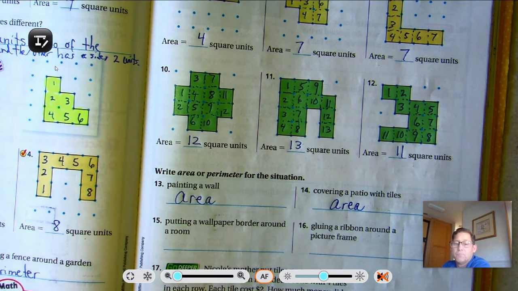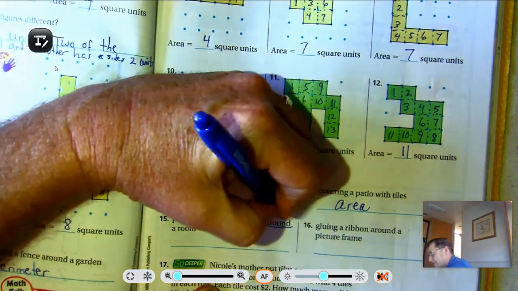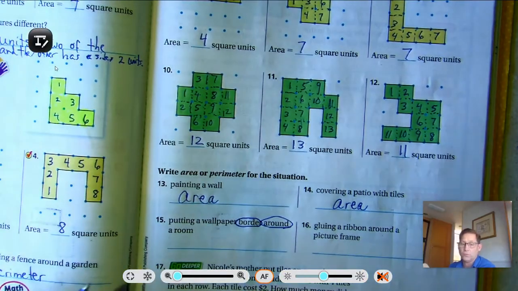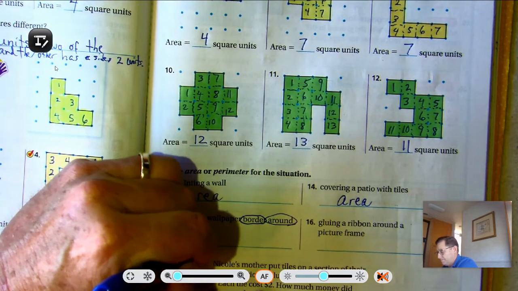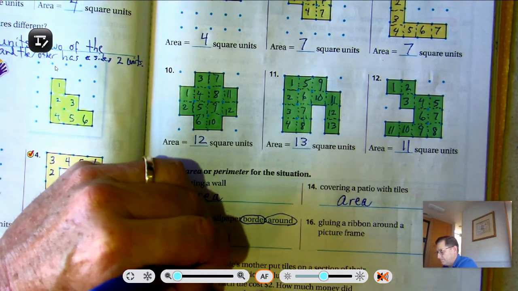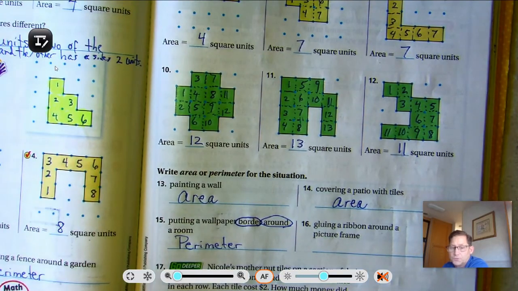Putting a wallpaper border. This one gives us 2 key words. Border around. So that time we just want perimeter, because we're just going to go around like the top edge of the walls.